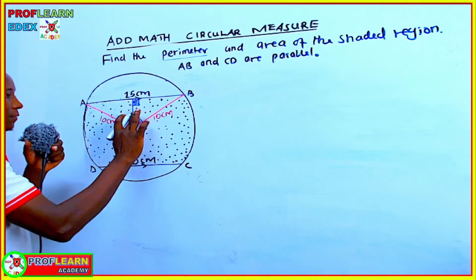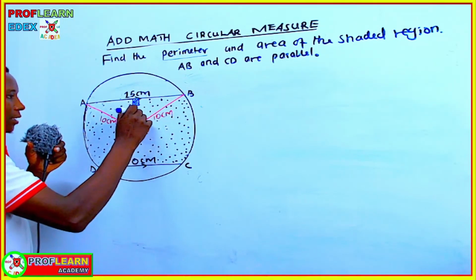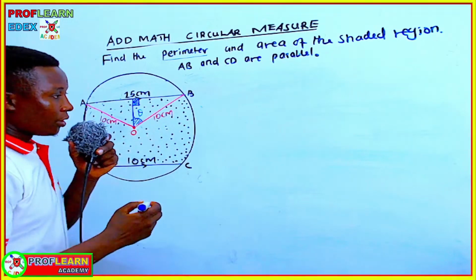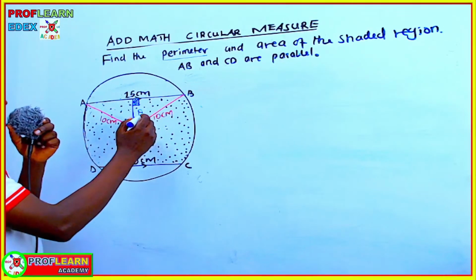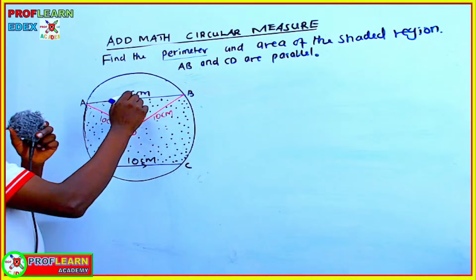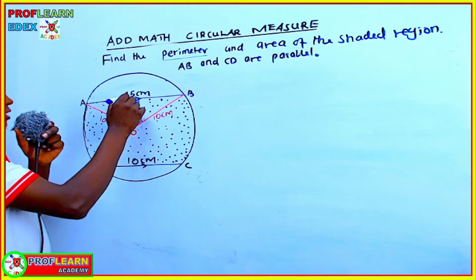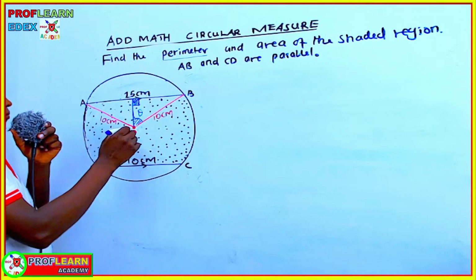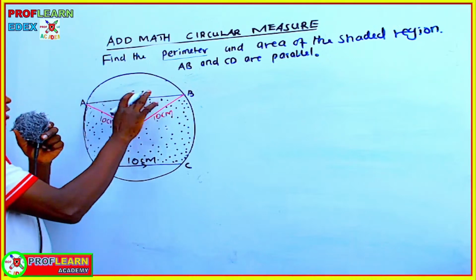Angle theta here, let me just write it properly. Angle theta is going to be what? We have this 10, then if this is 15, the entire line from the center is going to subdivide this into 2 halves.